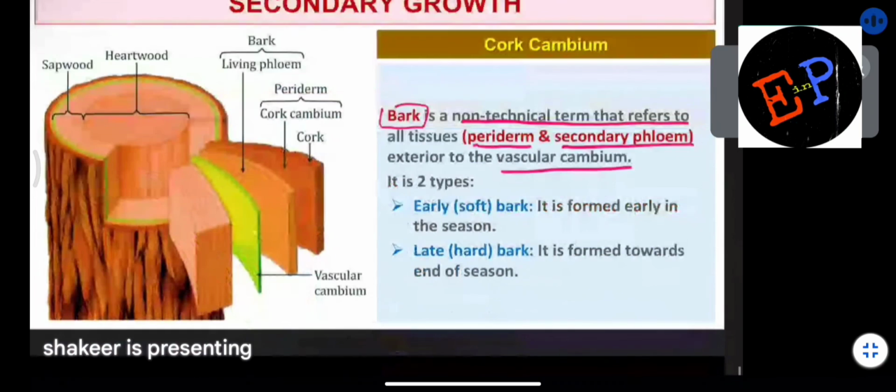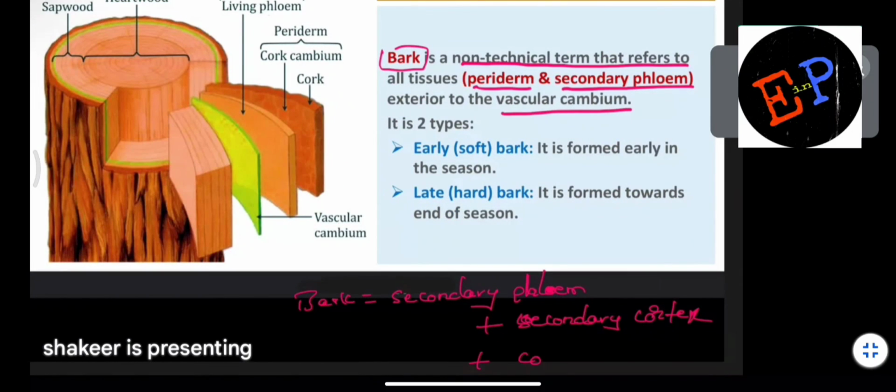So therefore, bark is a combination of what? Bark is a combination of secondary phloem plus secondary cortex, plus cork cambium, plus cork.